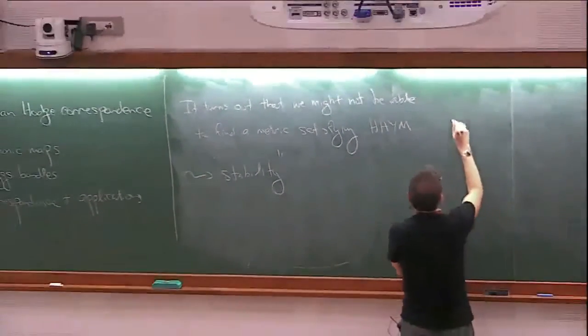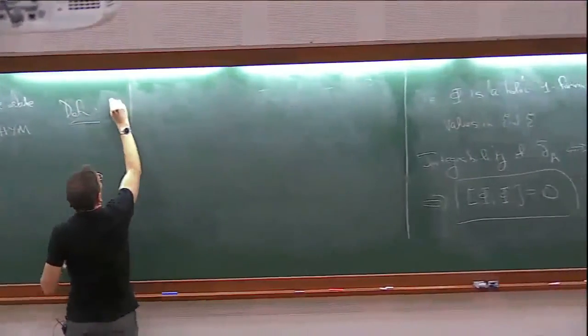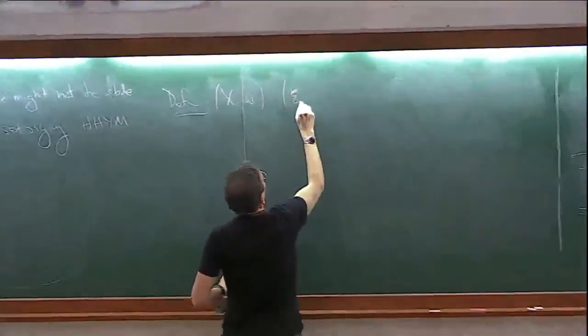Okay, so here's a definition. Again, X is a Kaehler manifold, and I've got a Higgs bundle.